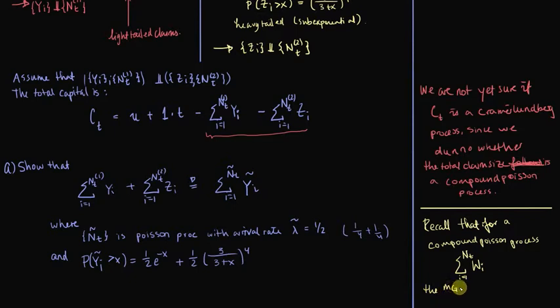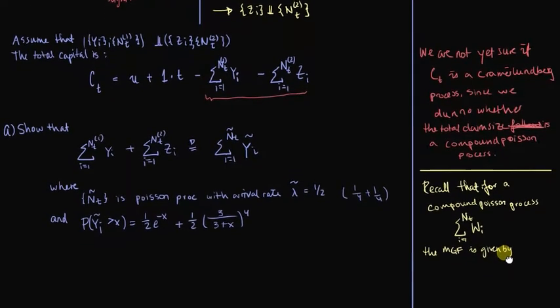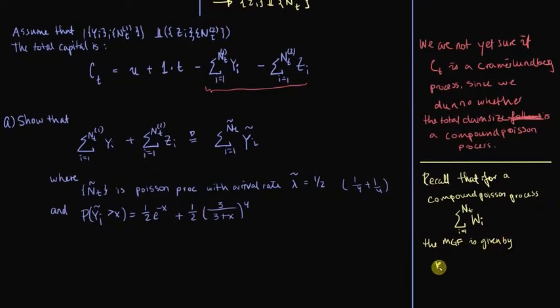We have that the moment generating function is given by kappa of alpha equal to e to the lambda, where lambda is the arrival rate of the Poisson process N_t.